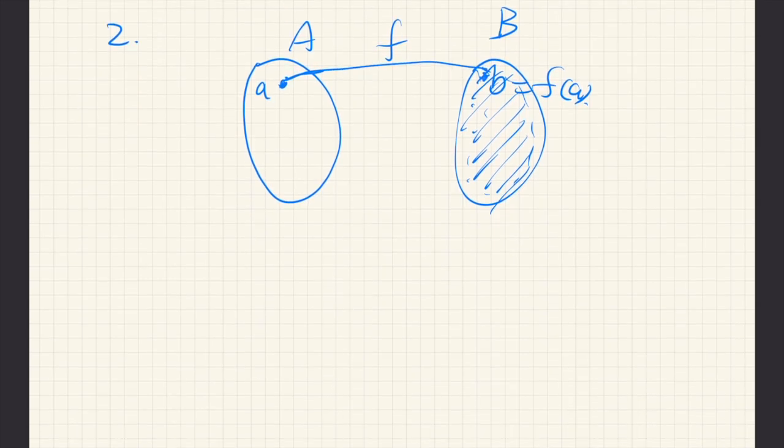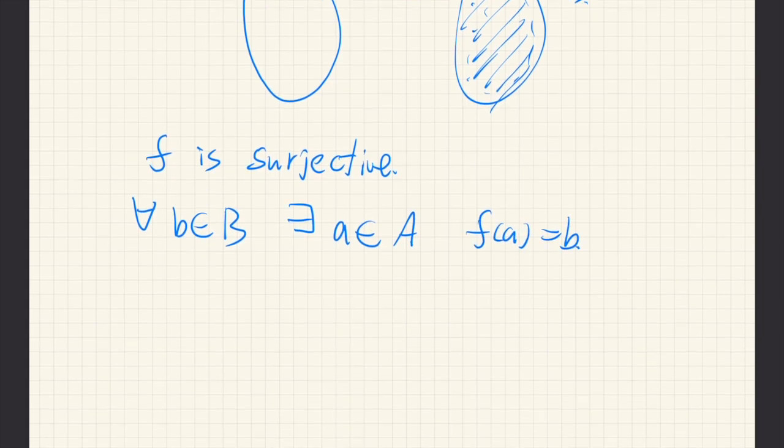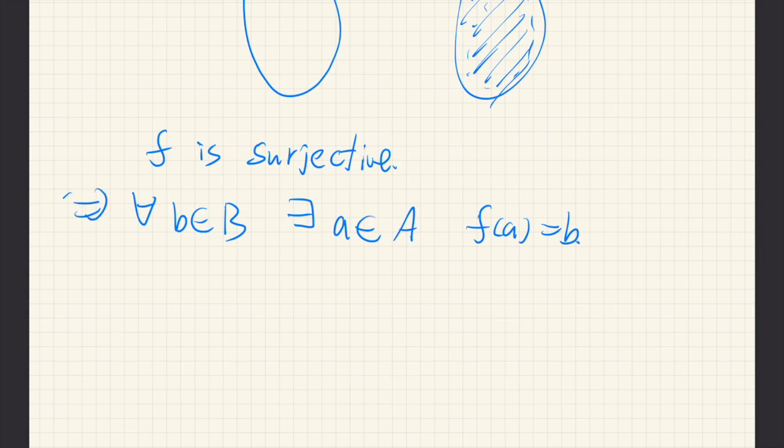Okay, so since f is surjective, that means for every element in B, there exists some element in A such that f of A is equal to B. And so this is the definition, right? And g is also surjective.